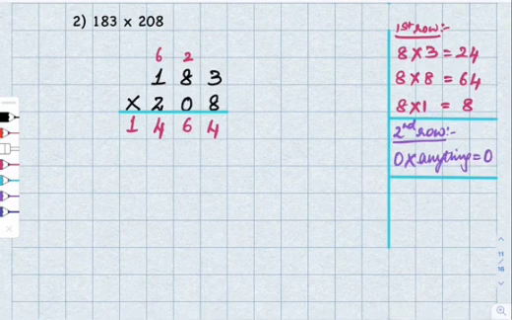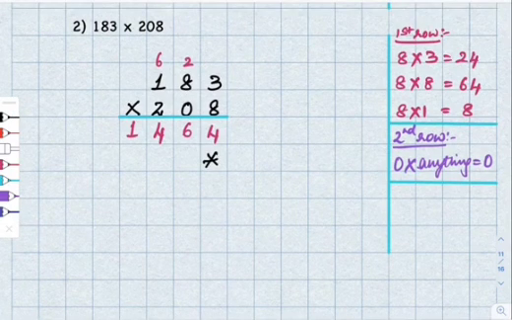Now as we know, the first unit place of the second row will be blank. Then we will write all the results of the second row. 0 into 3 is 0. Again 0 into 8 is 0. 0 into 1 is 0. So the second row is over.